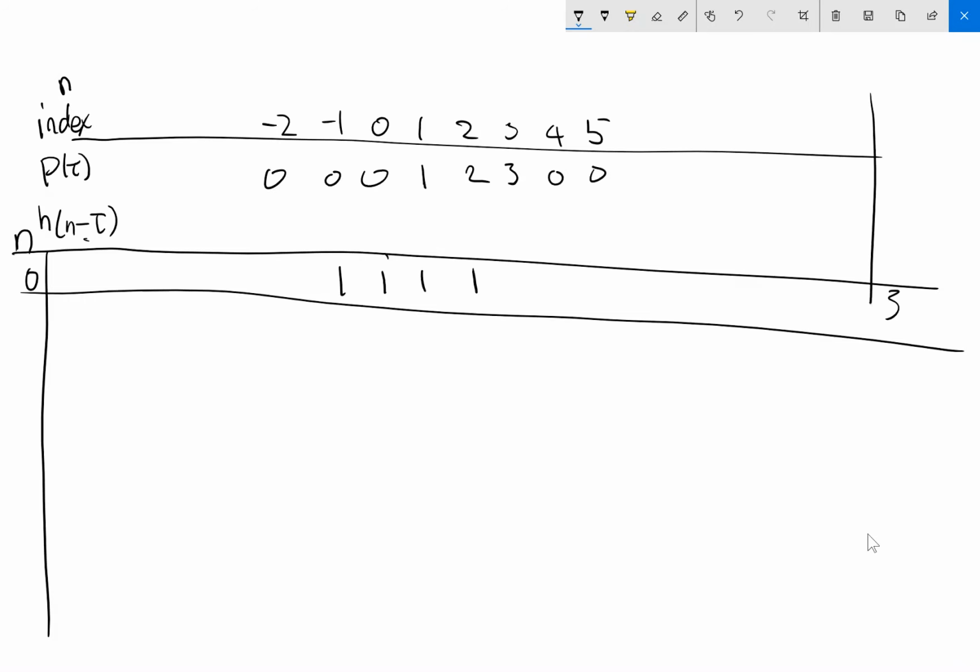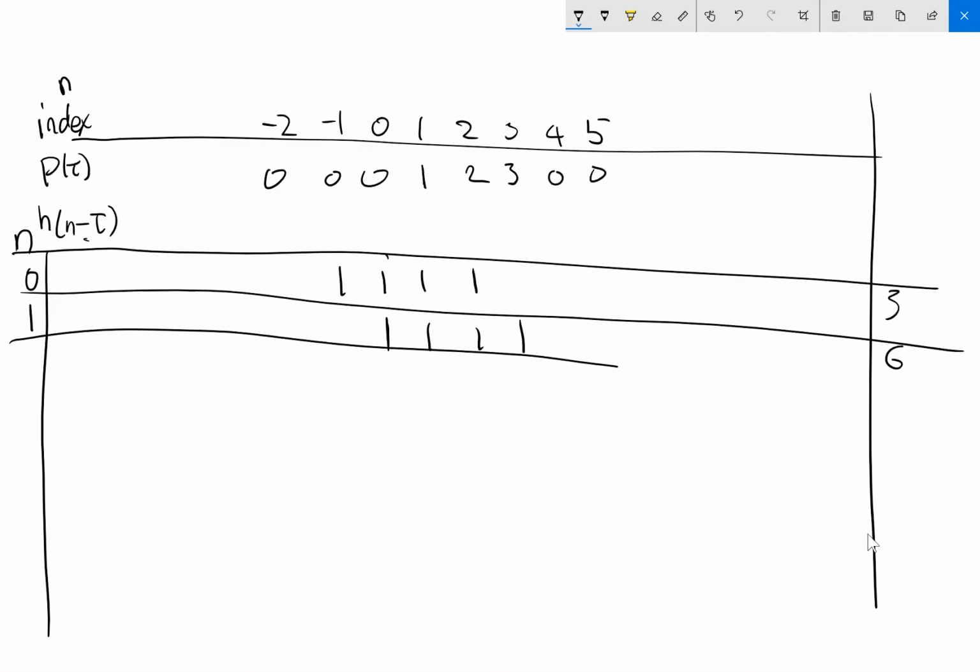And this is the answer of the convolution. And if n equals 1, you shift this shape to the right by 1. So you get this. This is 3 overlaps: 1 multiplied by 1 plus 2 multiplied by 1 plus 3 multiplied by 1, which is 6. And 2, 1. We still get 3 overlaps, so 6.